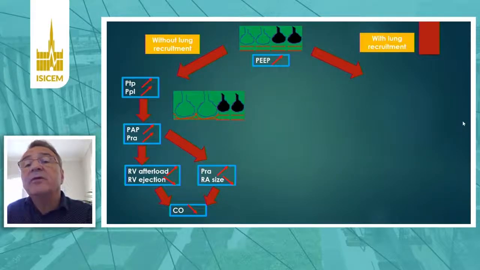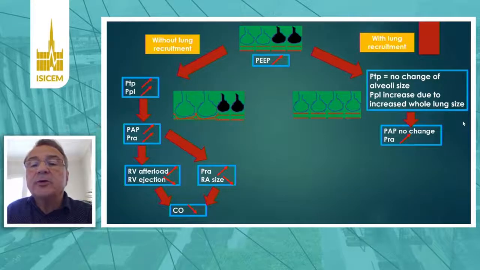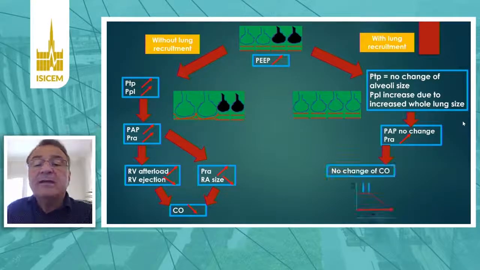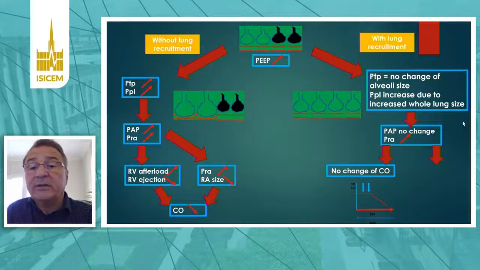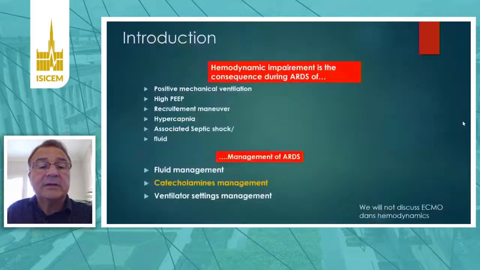In contrast, if you increase the PEEP, and if before you open the lung, then you avoid any compression of pulmonary capillaries, you have no change of the pulmonary arterial pressures, and then most of the time no change of the cardiac output when you set a very high PEEP. Sometimes you may have a slight decrease of the cardiac output, and here it's very simple. You just have to give a little bit of fluid, and you improve the cardiac output.